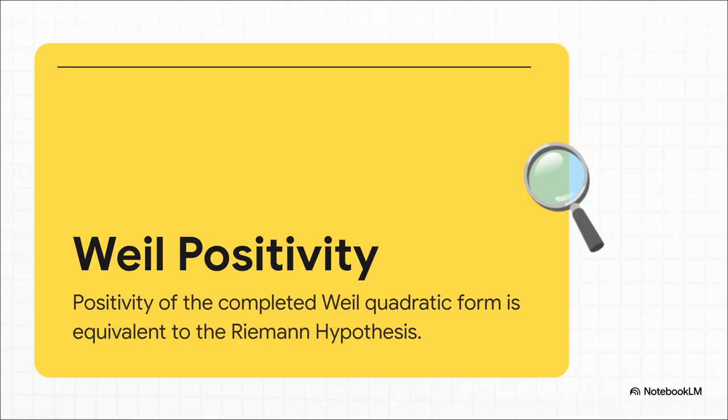Declaring the completed Weil quadratic form to be positive is mathematically equivalent to the Riemann hypothesis. Declaring this space positive without rigorously proving it first is the exact circular trap we just talked about. You literally cannot simply build a geometric space, say, hey, this space has positive norms, and then claim you've solved the Riemann hypothesis, because proving that positivity is the entire game.